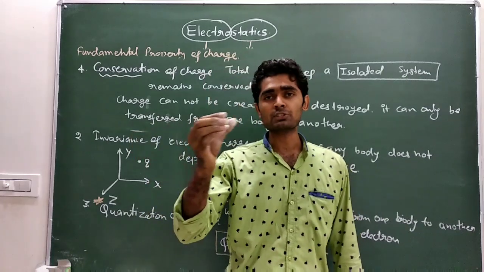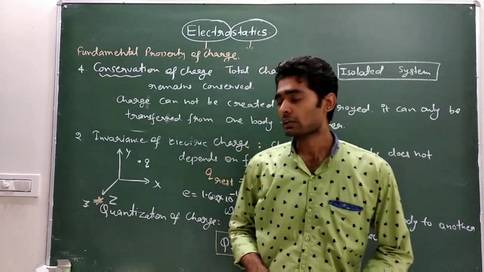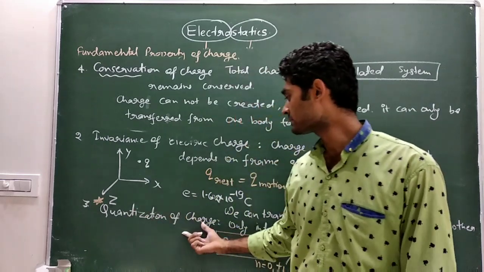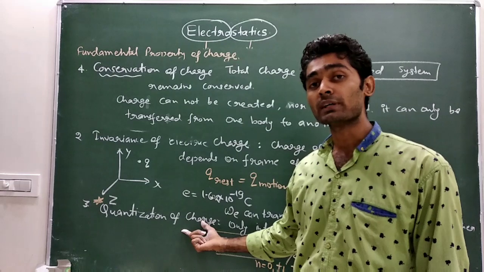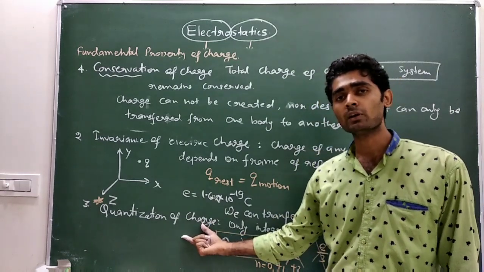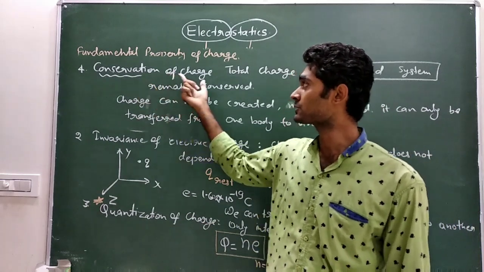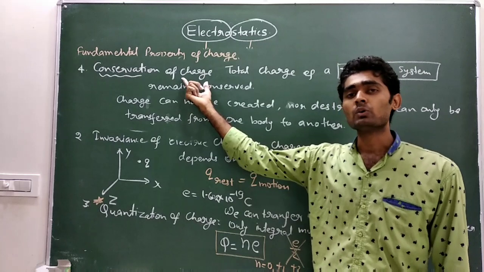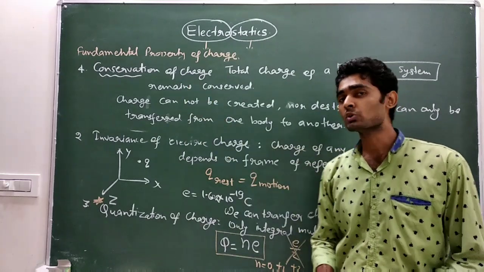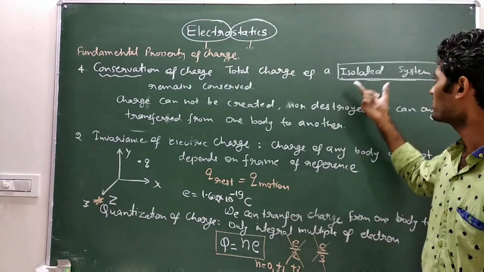If I move the charge with constant velocity, then the value of charge remains same. Third one is quantization of charge. It means if you want to transfer the charge, then it will be always an integral multiple of E. And the last fourth one property is conservation of charge. That means total charge of any isolated system remains conserved. What do you mean by isolated?